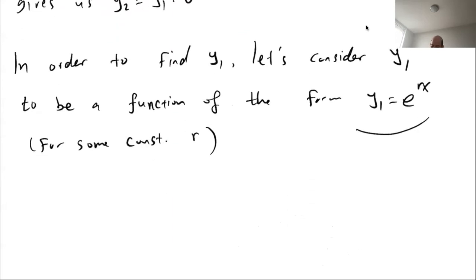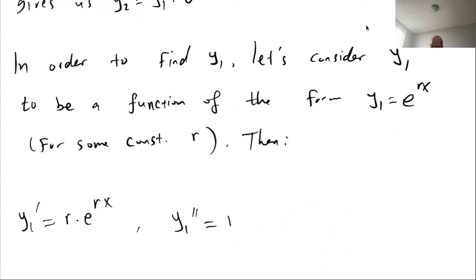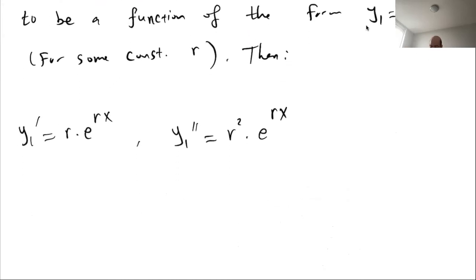So if y1 is e to power rx for some constant r, then what will be y1 prime? y1 prime will be r times e to power rx, and y1 double prime will be r squared e to power rx. The first derivative will be r e to power rx, the second derivative r squared e to power rx.